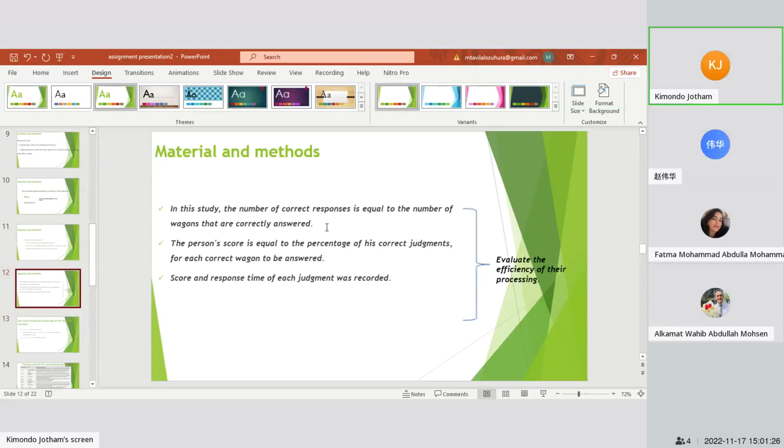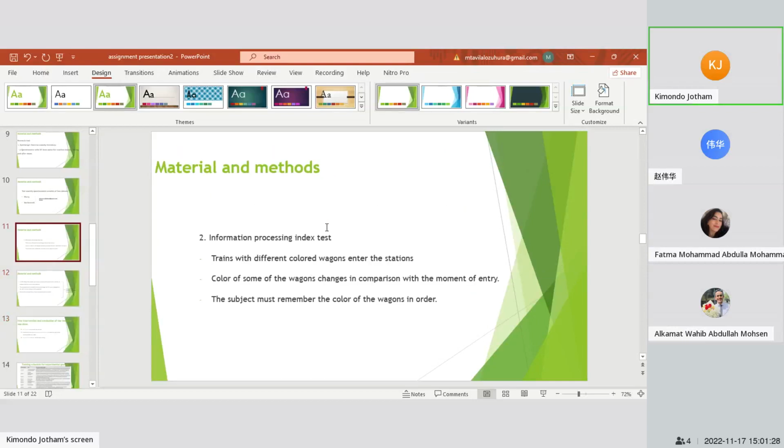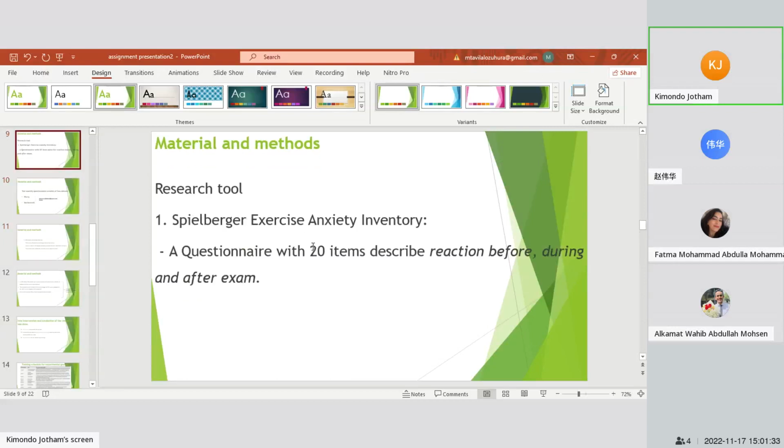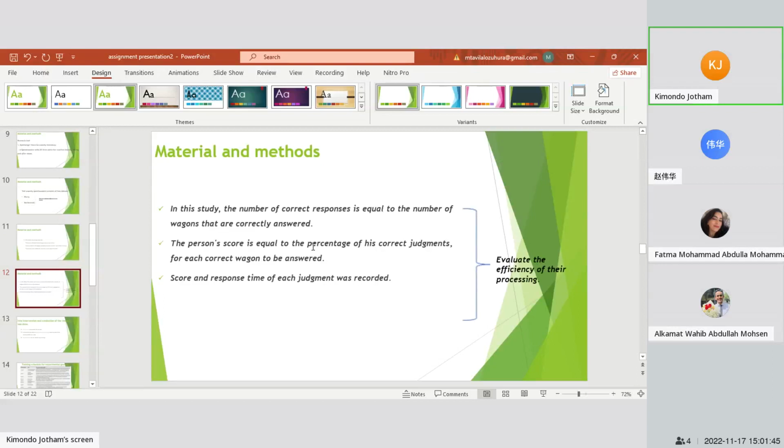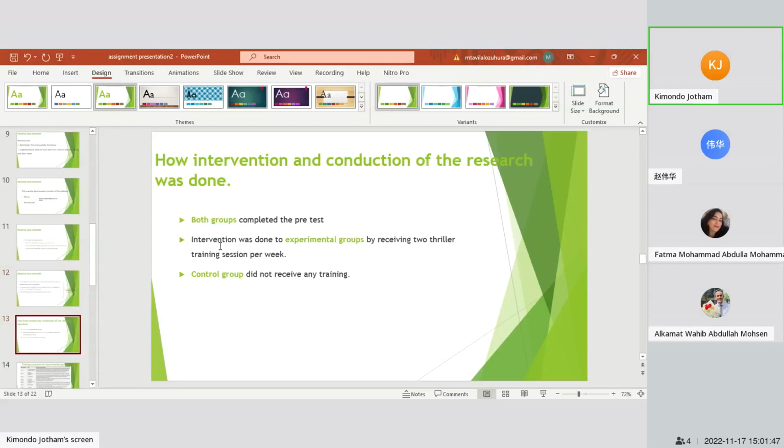That means both groups took this information processing index and the Spielberger test anxiety inventory. That was the pre-test. Both the control group and the experimental group performed that.